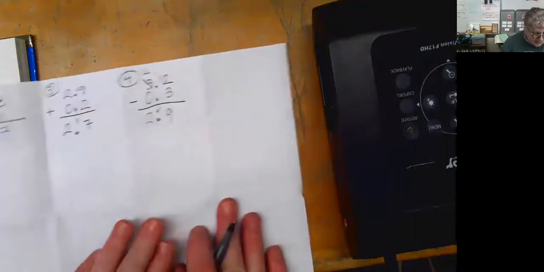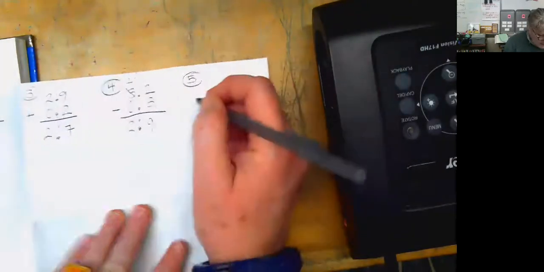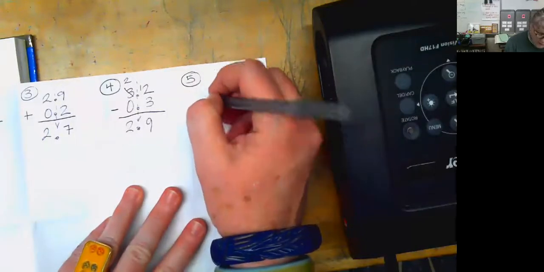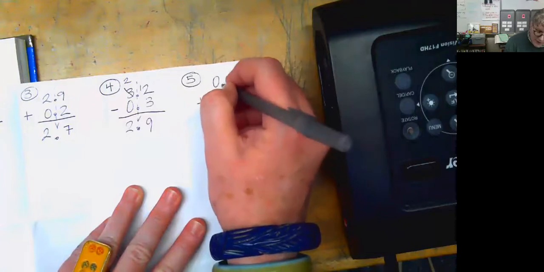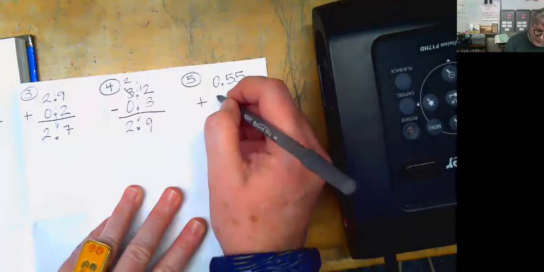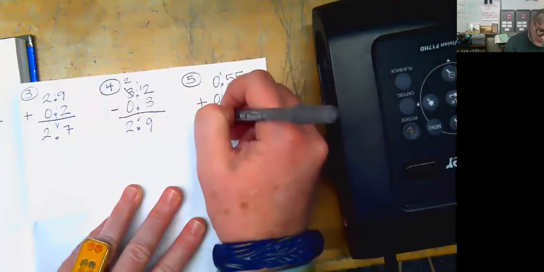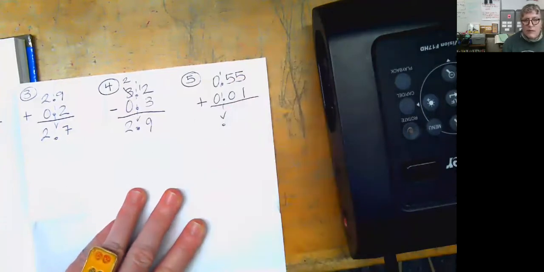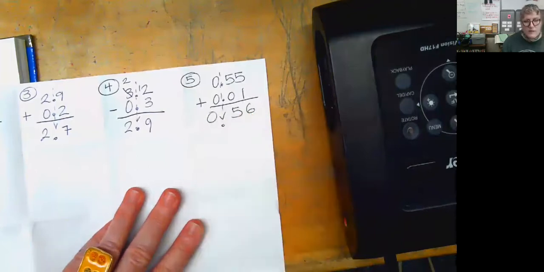Let's look at number 5. Number 5 is more than, so we're adding, and we have 55 hundredths, and we're adding 100th. Okay, and when we add those together, we get 56 hundredths.